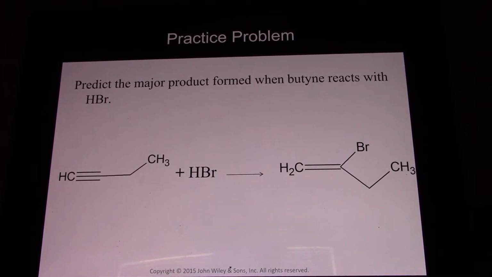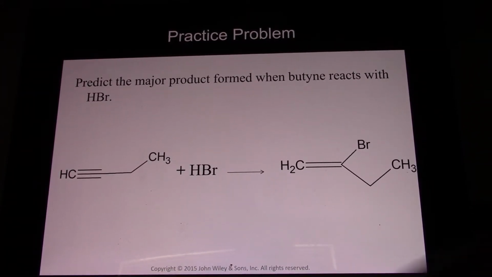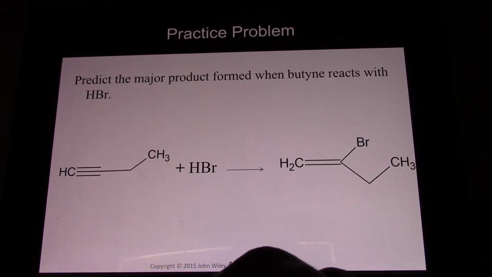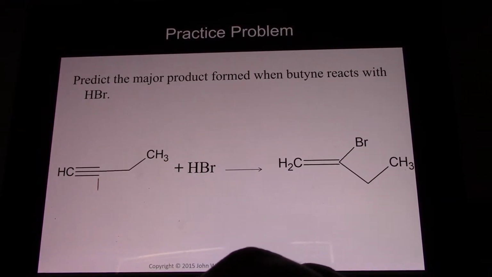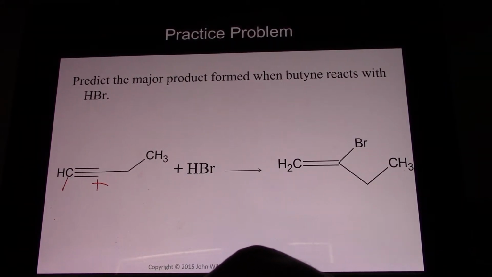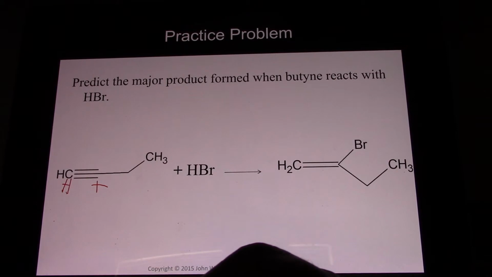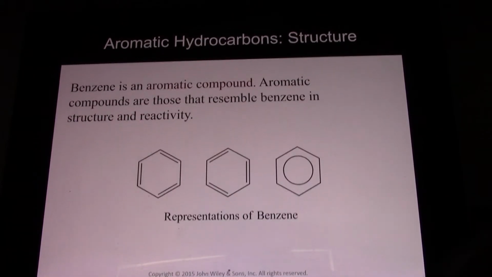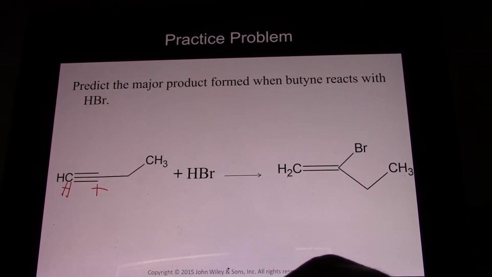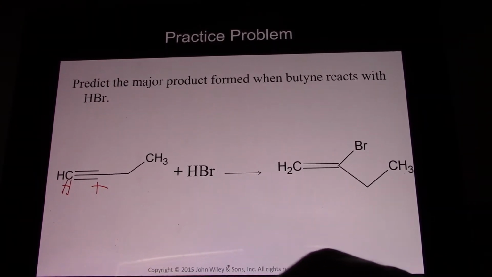So, if butyne reacts with HBr, again, you want to form the carbocation here, because that's a secondary carbocation, not primary. And so this carbon gets the first hydrogen, as we see, and then it'll react again, and you get another H here and another Br there.